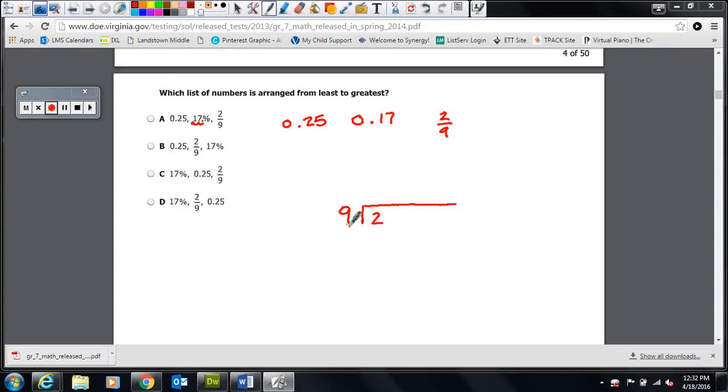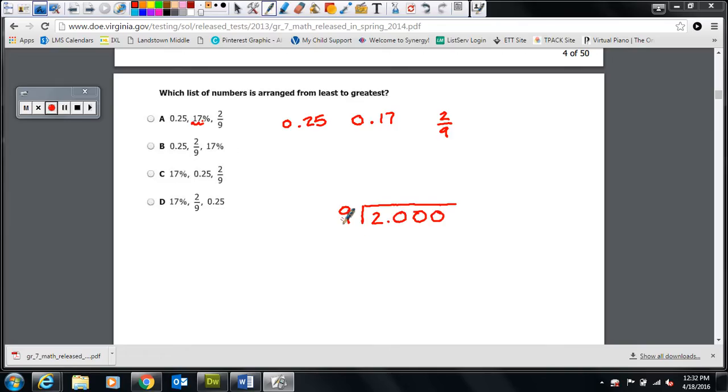Now immediately I have an issue because 9 does not go into 2. So I'm going to need to change my dividend a little bit. Instead of just 2, I'm going to put 2.000, I don't know how many zeros I'll need. I haven't changed the dividend, I just rewrote it so that I can actually do the long division.